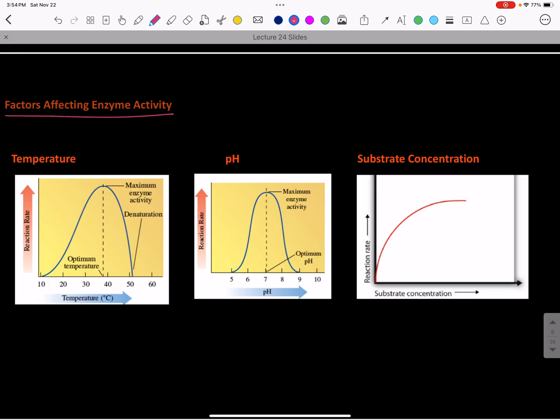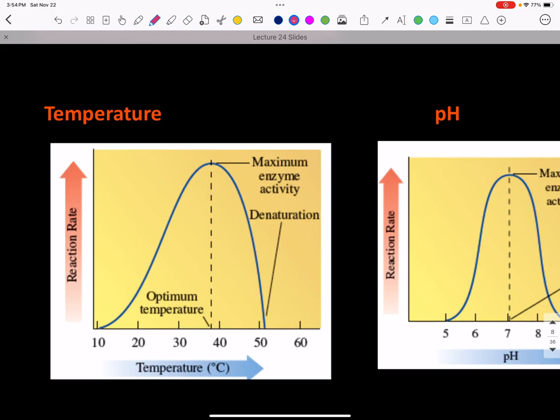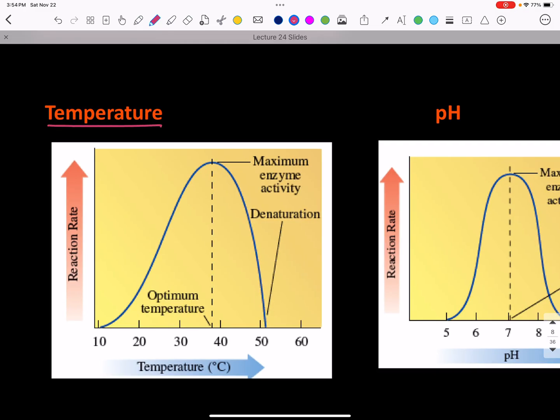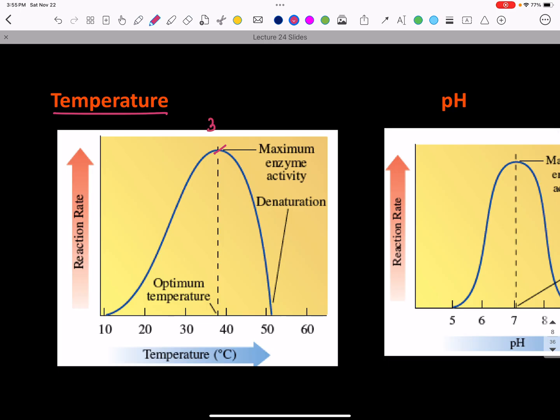So here we have shown on the first graph the effect of temperature. This particular enzyme is active at 37 degrees Celsius. The maximum activity is around 37 degrees Celsius. If you go to any lower temperature, you can see that the activity drops because we are looking at activity on the y-axis.